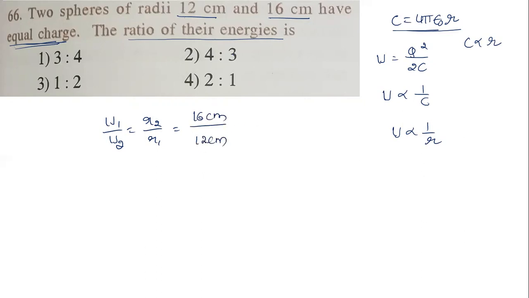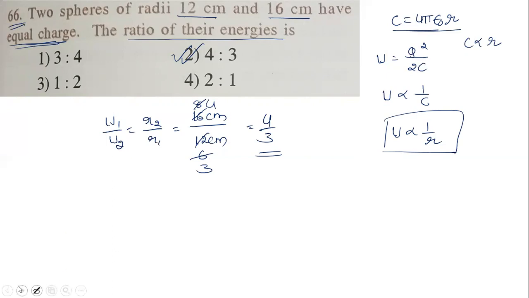Cancelling, it will be 4 by 3. Which option is correct? Second option is correct. This is a key point. That was question number 66.